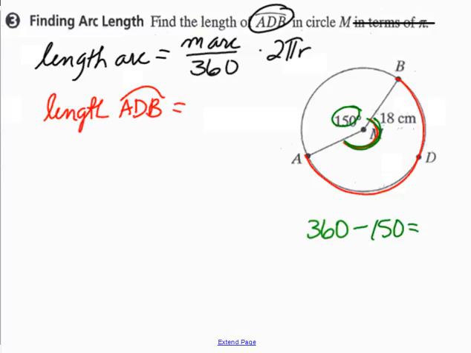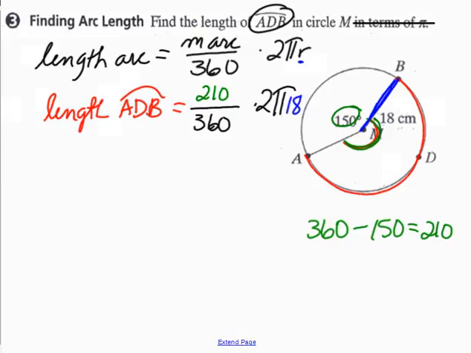And that's going to be 210. So that's going to be 210 over 360, times 2, times pi, times the radius. The radius is here, and right here. There we are, 18.